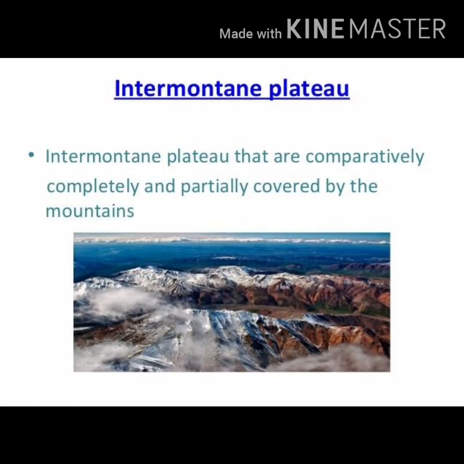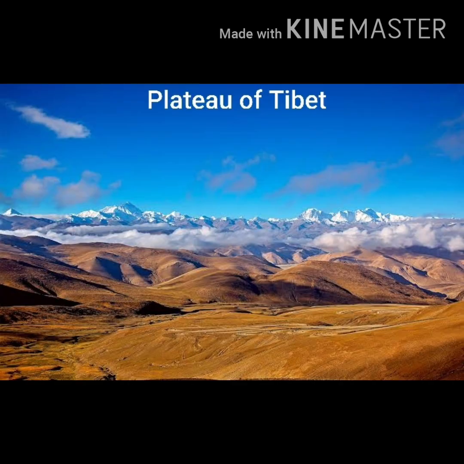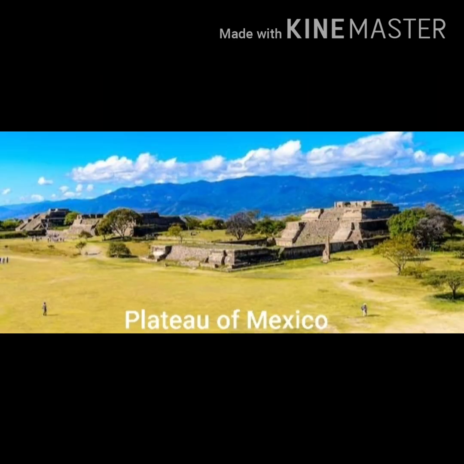Its sides are marked by steep cliffs except in a plateau which is surrounded by high mountains, that is the Intermountain Plateaus. The rocks of the plateaus are layered with sandstones, shales, and limestones. It is this arrangement of the strata which gives it a large, even surface.